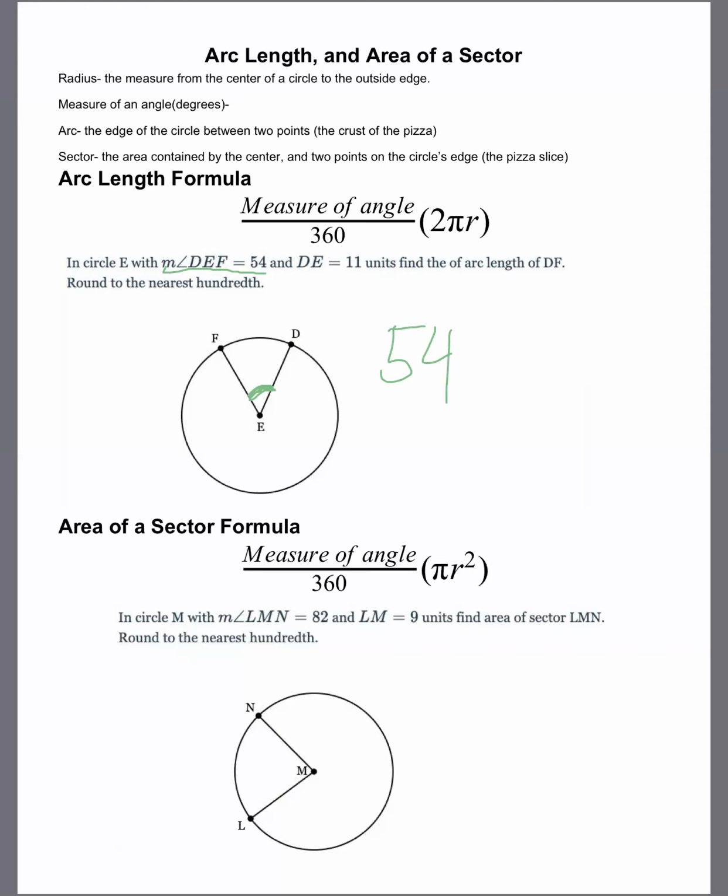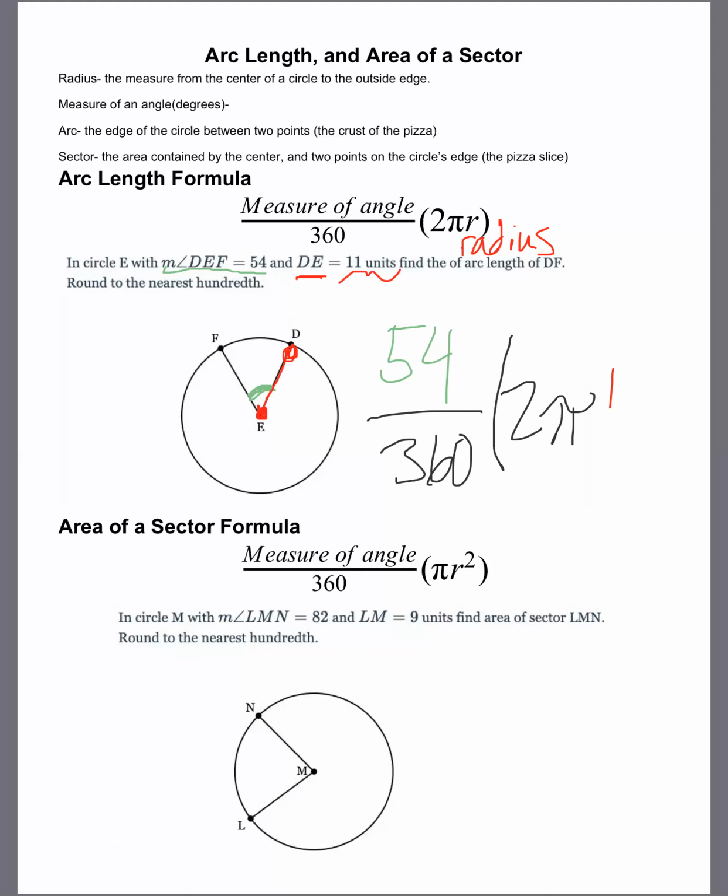Then the formula says to divide that by 360 times 2 pi times r, which is our radius. Remember, our radius is from any point on the center to the edge. This says DE, which is what I just drew. So that's a radius, and it says it's 11 units.